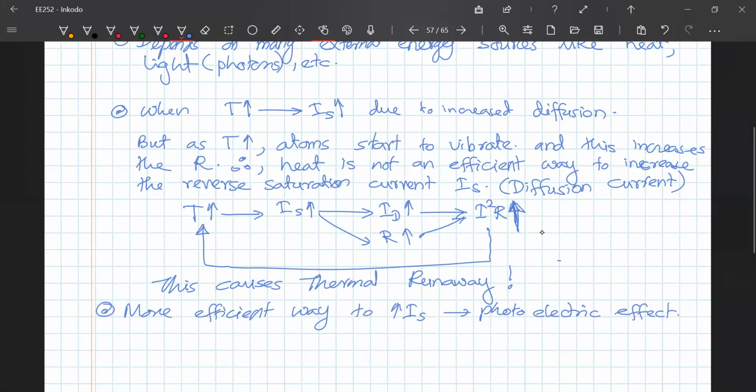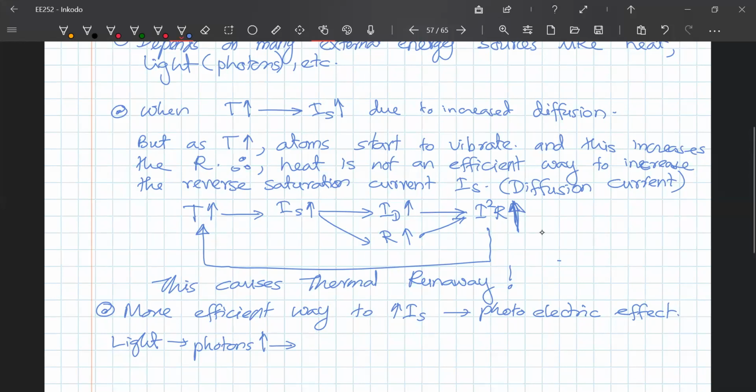Here, you apply light, which is basically going to cause an increase in photons. And these photons directly transfer the energy to electrons, but not to the atoms, right?